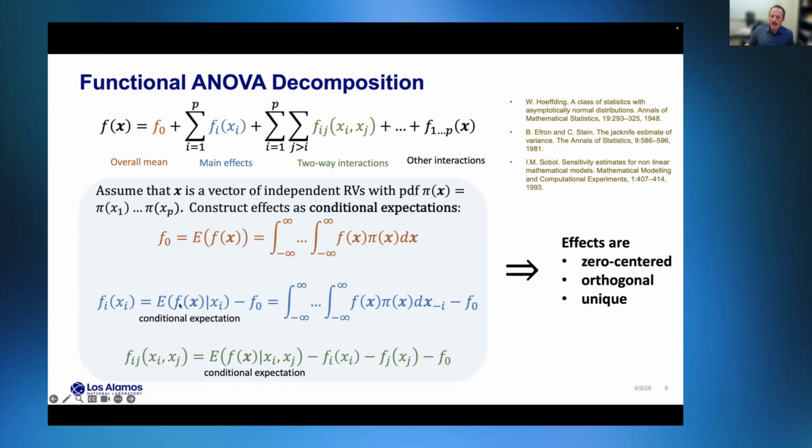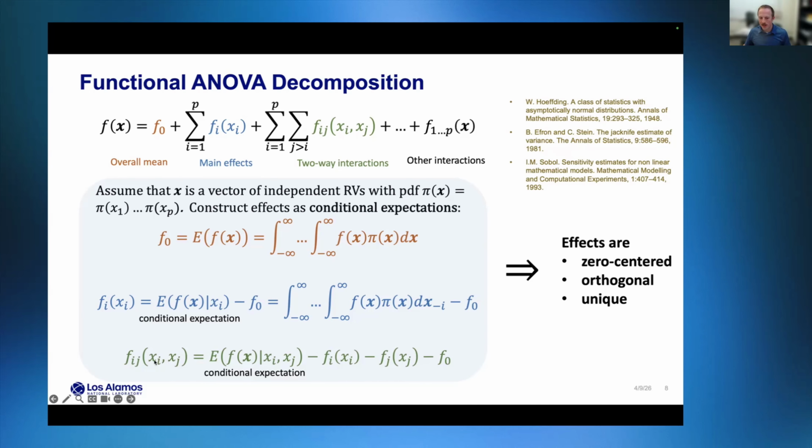That is the expectation of f of x where x i is fixed at a certain value. So that will be different depending on the value at which x i is fixed, and so it is a function of x i. And then we also subtract the overall mean.